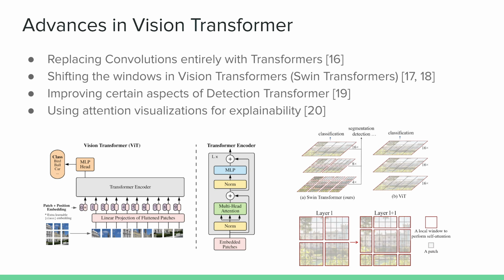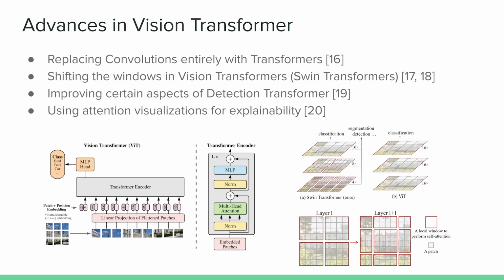The idea here is that you're not only cutting the image into patches, but instead you form a hierarchy, and depending on the layer you are in, you shift those windows and scale them accordingly to allow the network to see and information to flow across boundaries of those image patches from the previous layer.